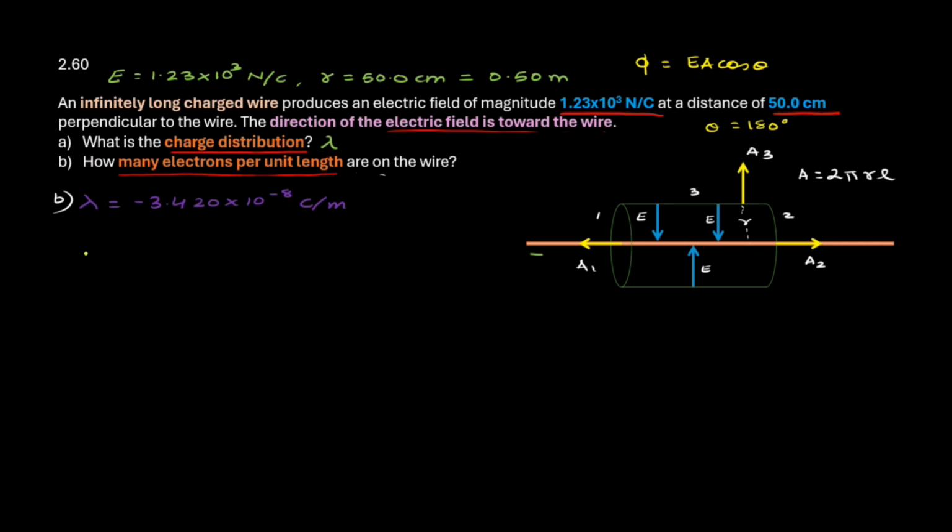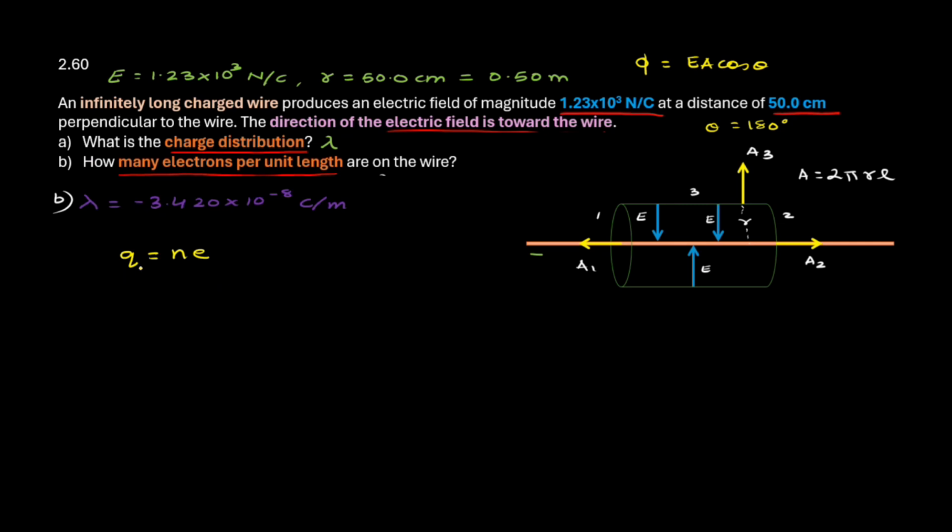We know that the total charge and the number of electrons are related by the expression Q equals N into E. And I want to find the number of electrons per unit length.